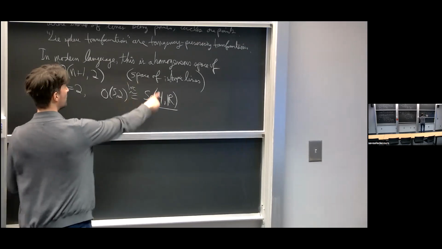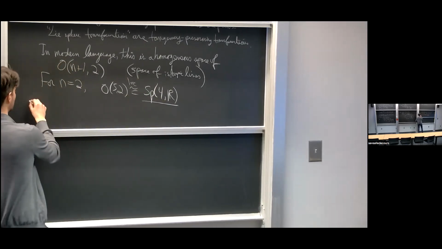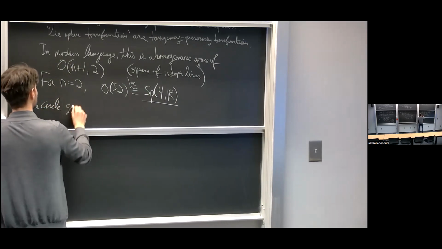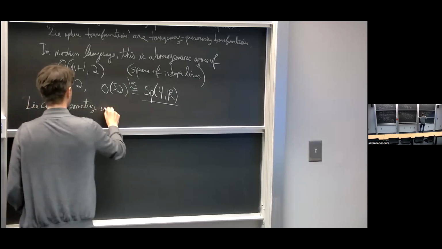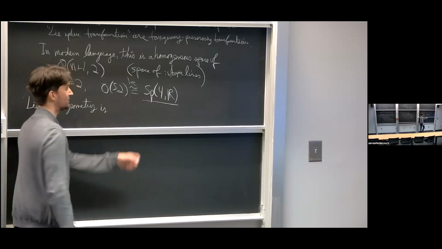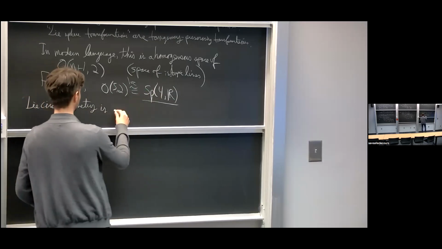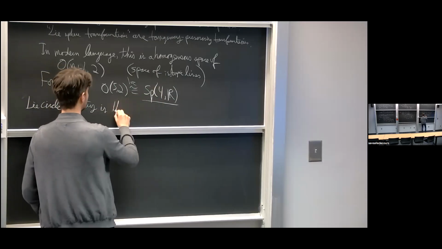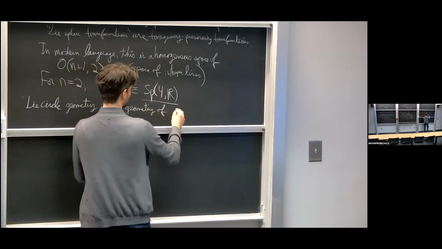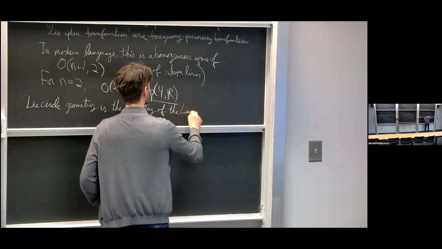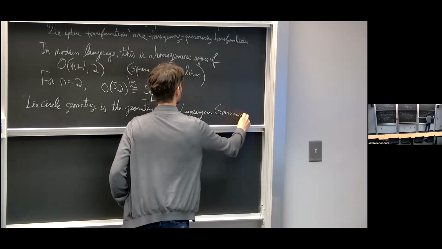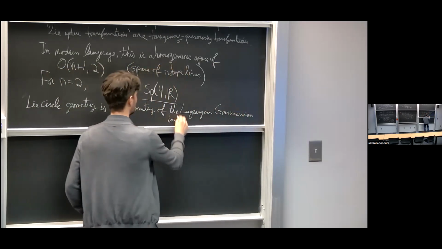So which homogeneous space is it? The Lie circle geometry, the 2-dimensional version, is essentially the geometry of the Lagrangian Grassmannian for this group, in R4.